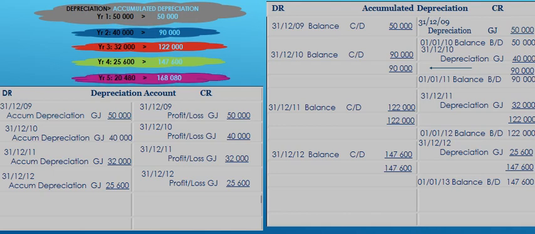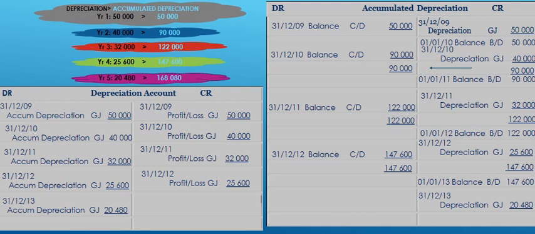In year 5, we calculated depreciation as 20,480. This entry at the end of 2013 will be shown in the depreciation account as accumulated depreciation posted from the general journal, the amount 20,480. The same entry will be credited to the accumulated depreciation at the end of 2013, and it will be shown as depreciation 20,480.